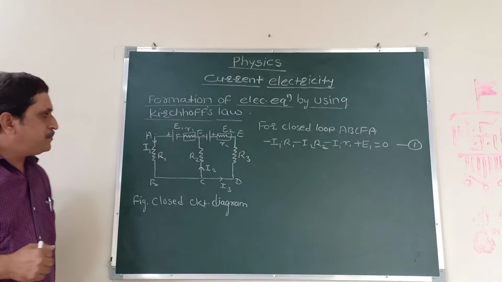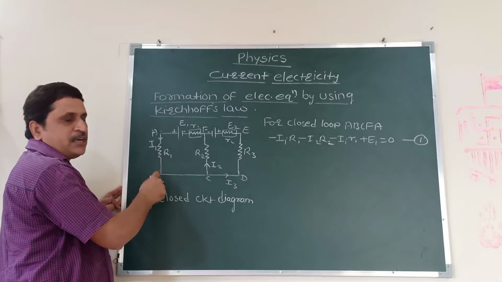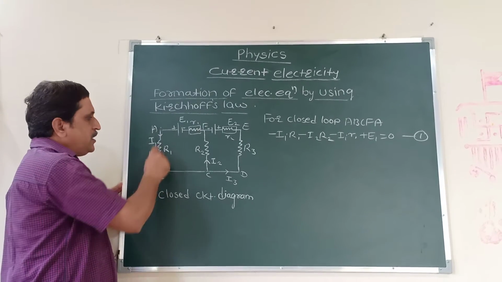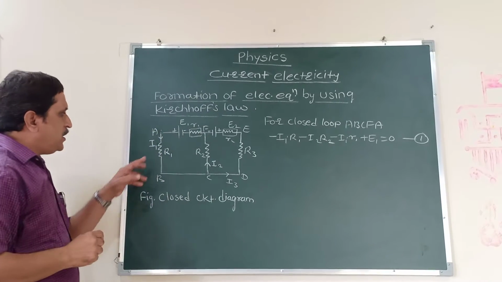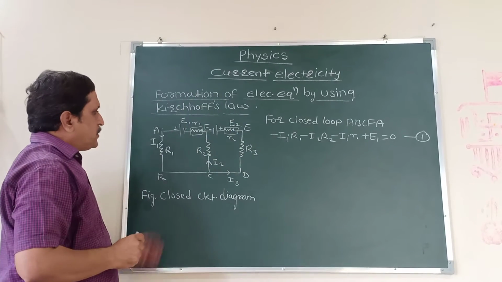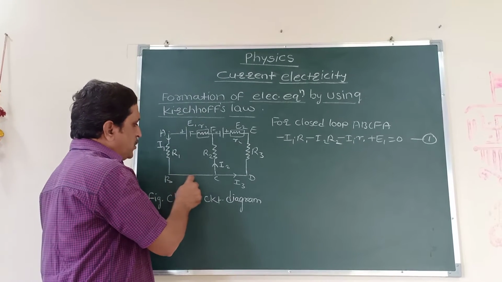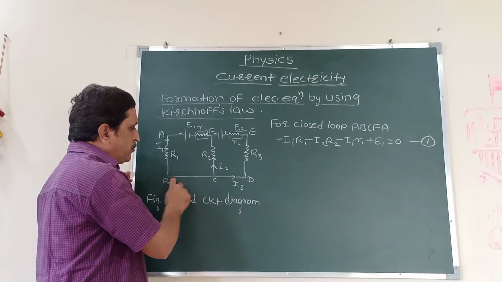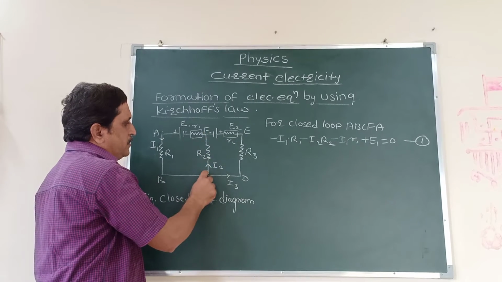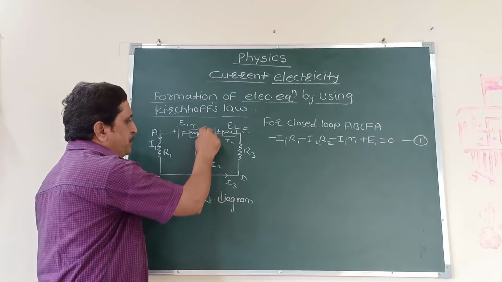Now check it once again. For path A to B, current is flowing in the same direction in which the loop is being traced. Therefore the product I1 into R1 should be negative as per the second sign convention of Kirchhoff's second law. Here there is no resistor on this path, so we need not think about it. Now for path C to F, again the direction of current and the direction of reading of the loop are the same.